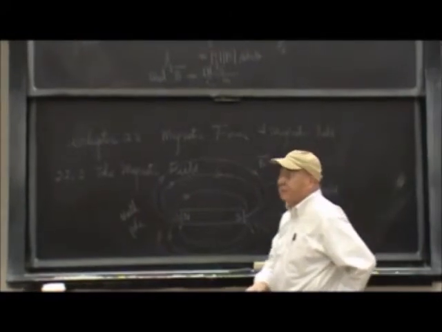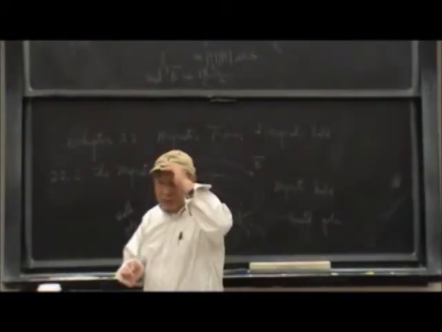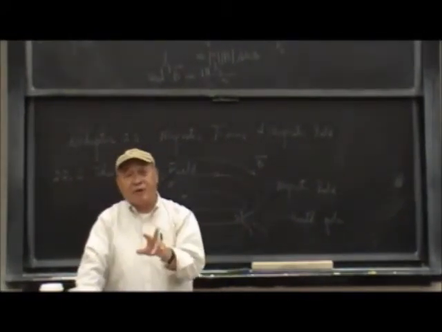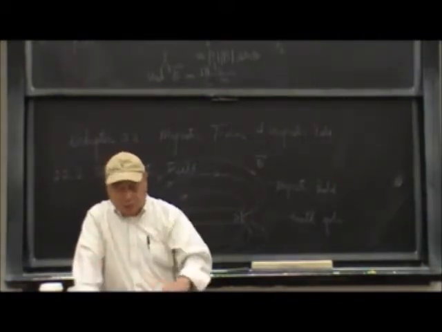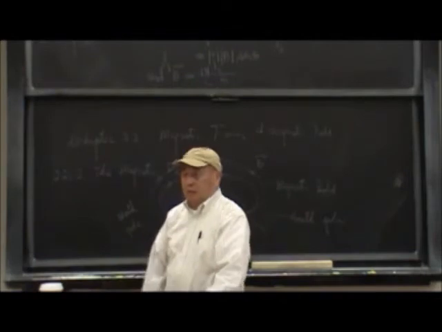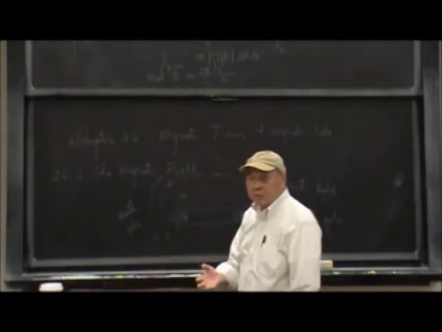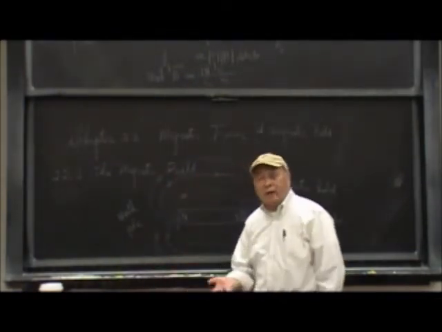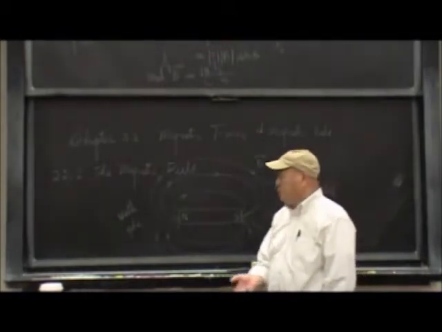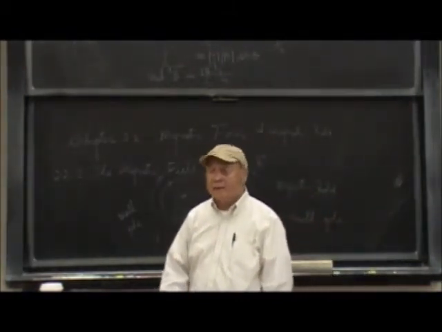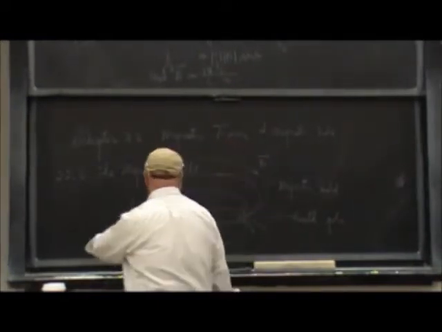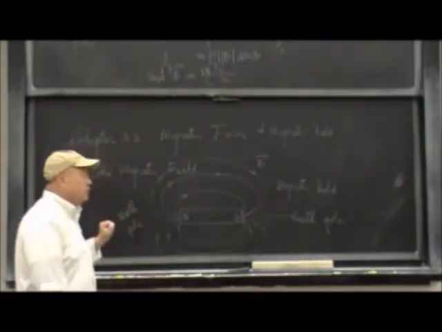So again, just like electrical charges have a law called Coulomb's law, Coulomb says like charges repel and unlike charges attract. So do the poles in a magnetic field.